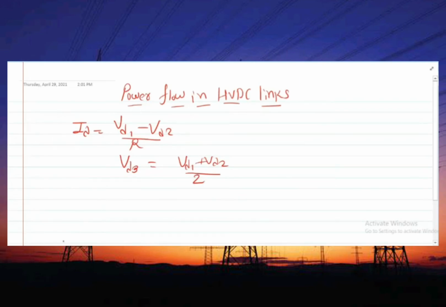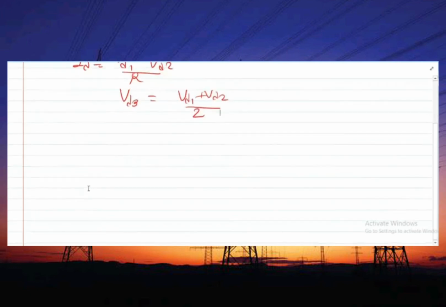So the DC power through the line, we know the power equation is P equal to VI. Similarly, the DC power through the line, called PDC, is equal to VD times ID. The values of VD1 and VD2 are changed in two ways.